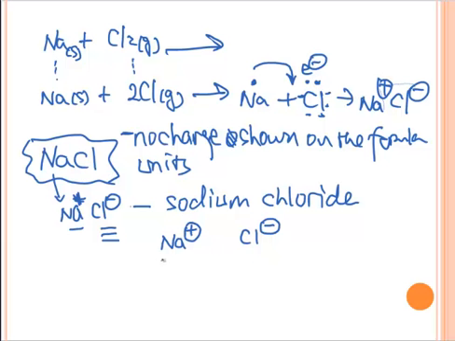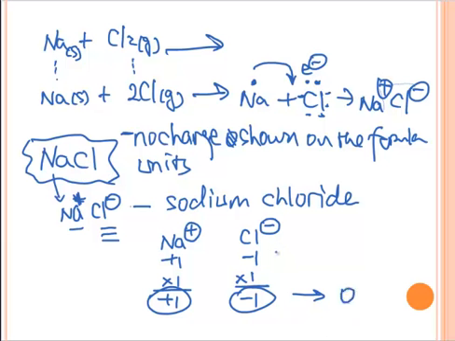So this one will be +1, this one will be -1. They are perfectly matched, and I only need one of each, so I have a positive 1 and a negative 1. The sum of these two terms becomes 0. So we can write sodium chloride.